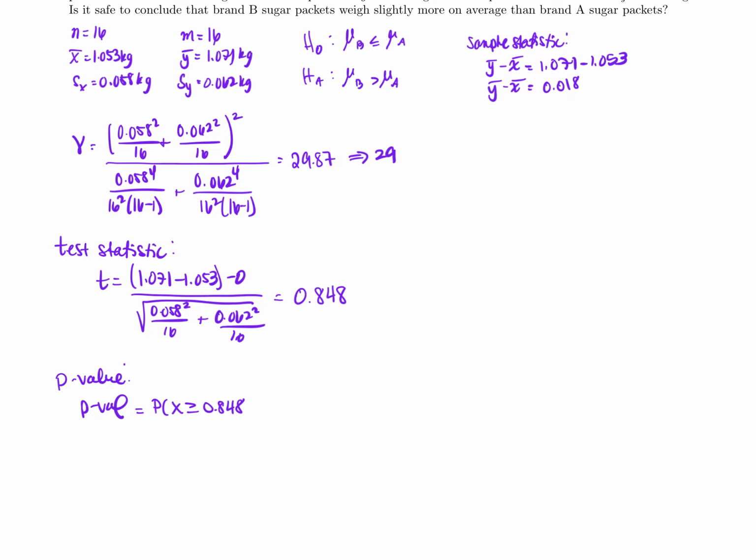We'll leave it at 0.848. So this is where we'd use our t.dist, I think it's dot right tail, and we'd have our 0.848 with our degrees of freedom of 29. So we end up with a p-value of 0.2017.